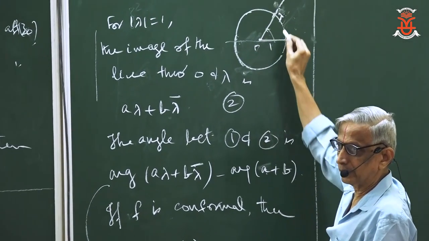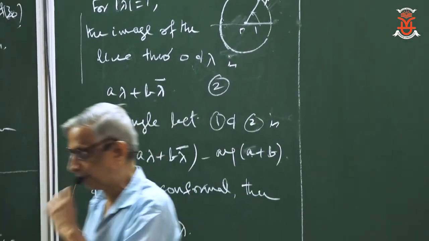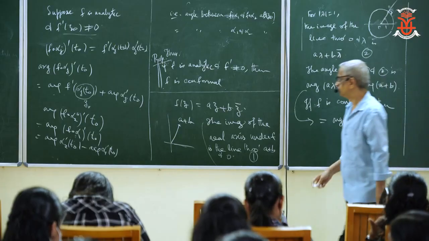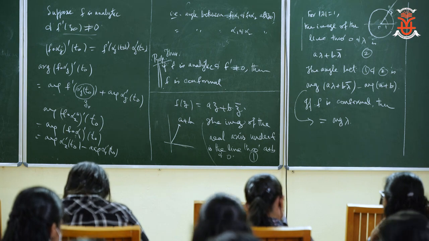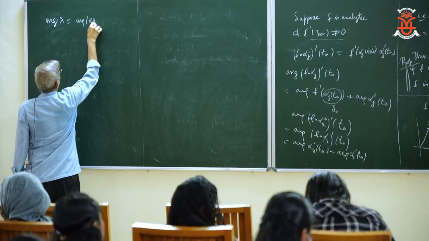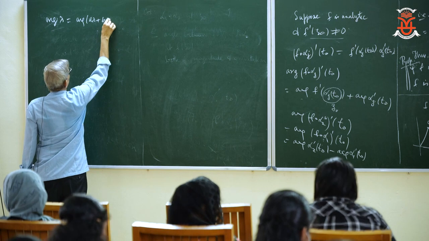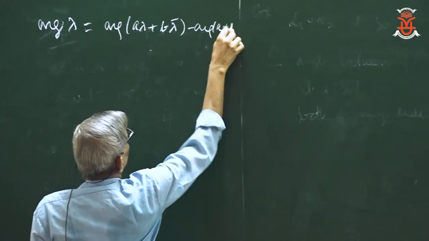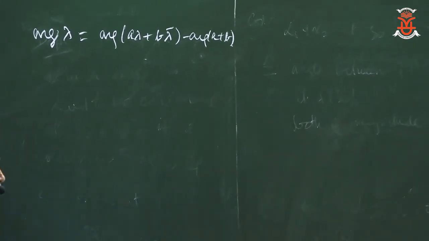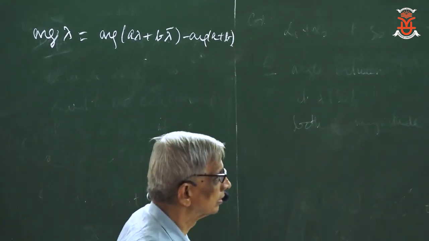This angle is the argument of lambda. So what do you get? Argument of lambda is equal to, correct?